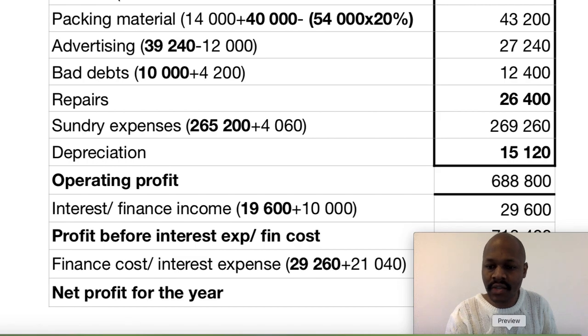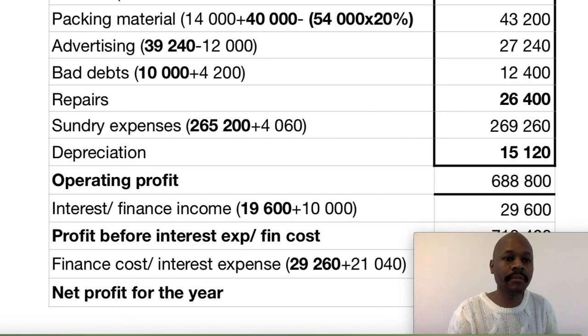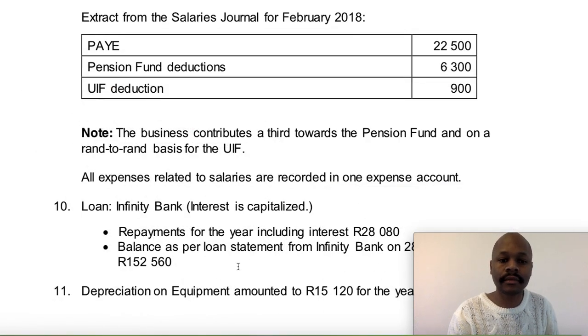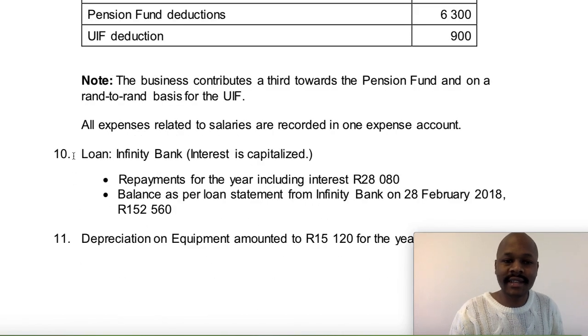Then let's go to our question paper. This other adjustment talks to loan. What are they saying about loan? They say we got a loan from Infinity Bank and interest is capitalized.